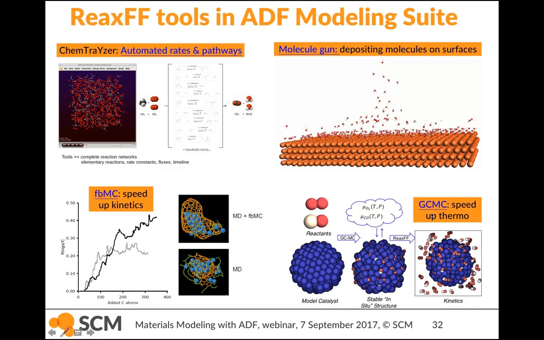Then we also have grand canonical Monte Carlo, and that's used to speed up the thermodynamics of your system. So as I mentioned, that can be used, for instance, to study how a catalytic nanoparticle works under reaction conditions. So you equilibrate your system under given temperature and pressure conditions. So in this case it is a palladium particle.